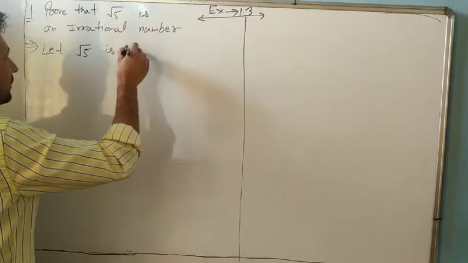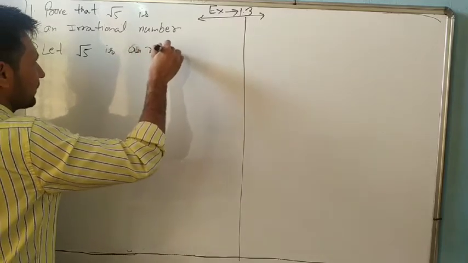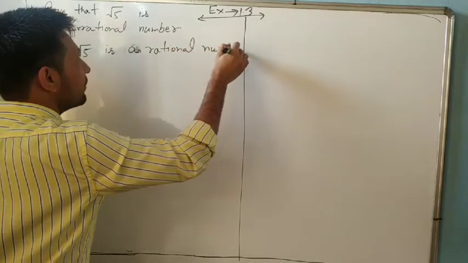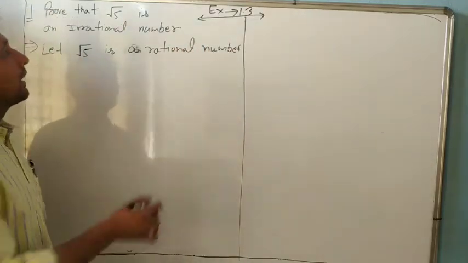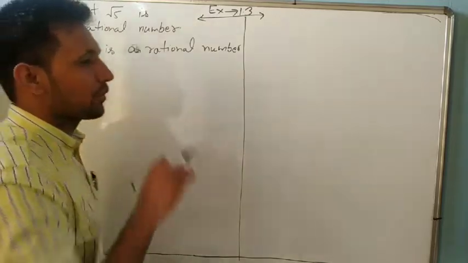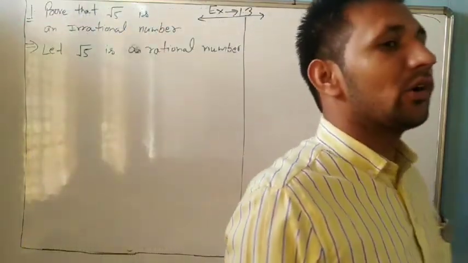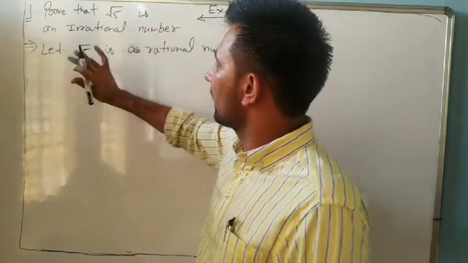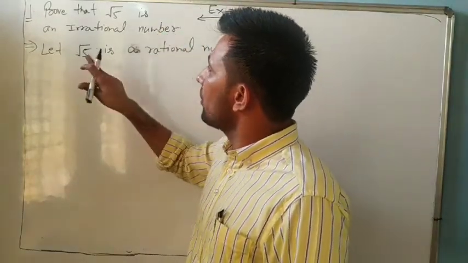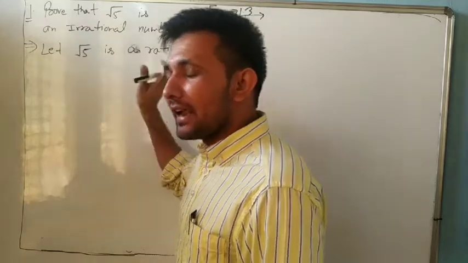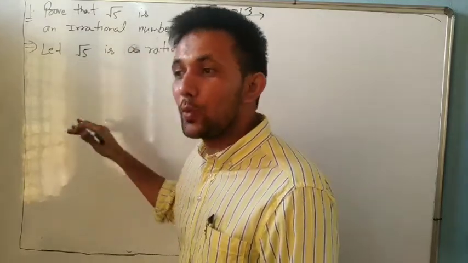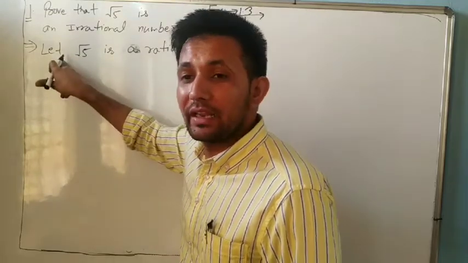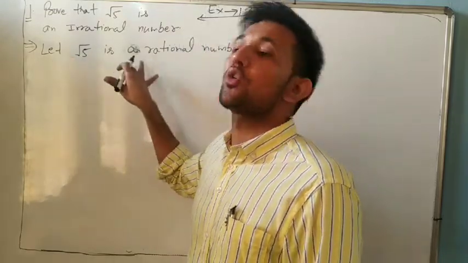In every question of this type, whatever we want to prove, we will first suppose the opposite. We will let it be a rational number, and in the last we will prove that what we took at the start is wrong.